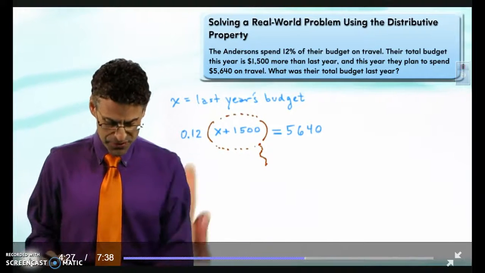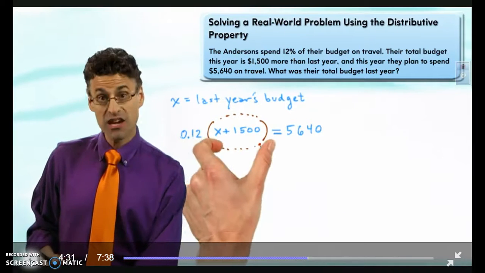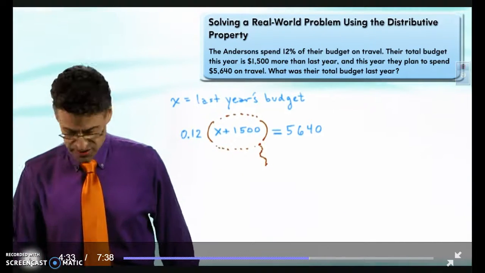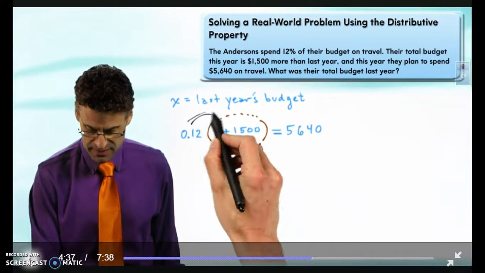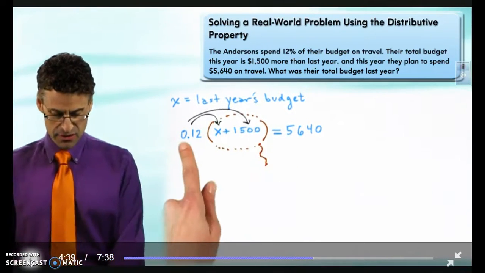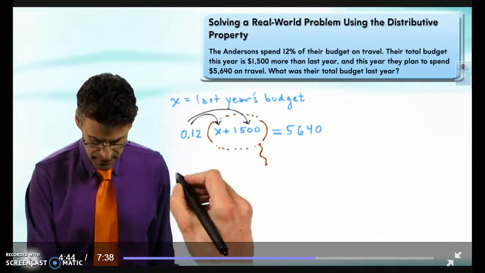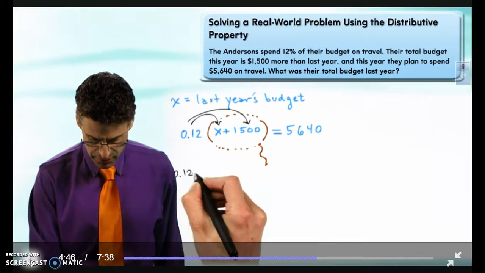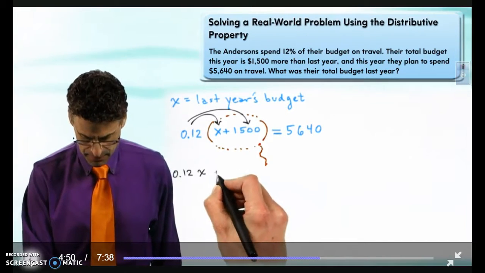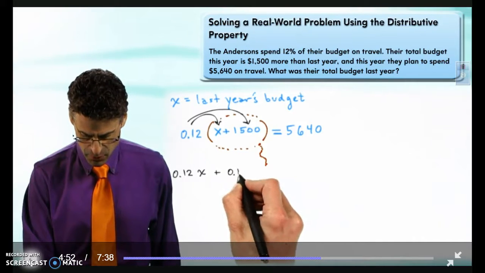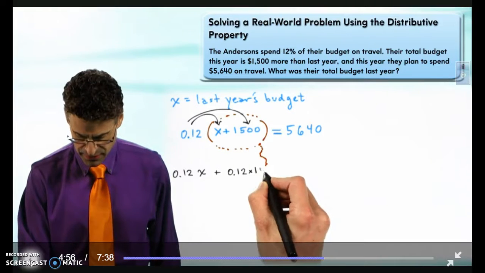This is awesome. First thing we do is we see it's 0.12 times this entire quantity. That means we have to use the distributive property to make sure that everything is hit by that 0.12. So what this equals is 0.12 times X plus 0.12 times 1,500.